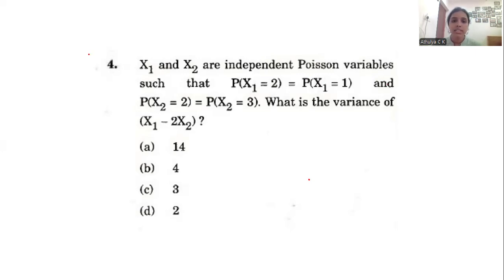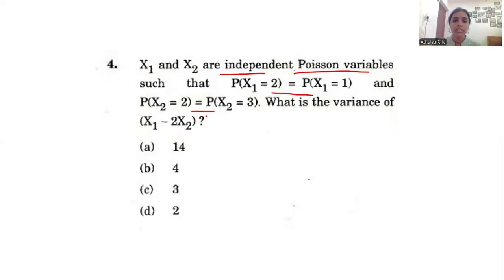So we can see that the given question is related to the Poisson distribution, right? It follows Poisson distribution. And one more condition is given, that the two variates, X1 and X2, are independent. In order to find the value of the parameters, two conditions are also given.